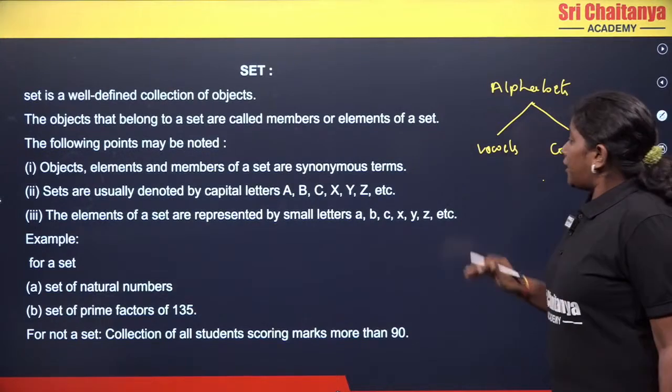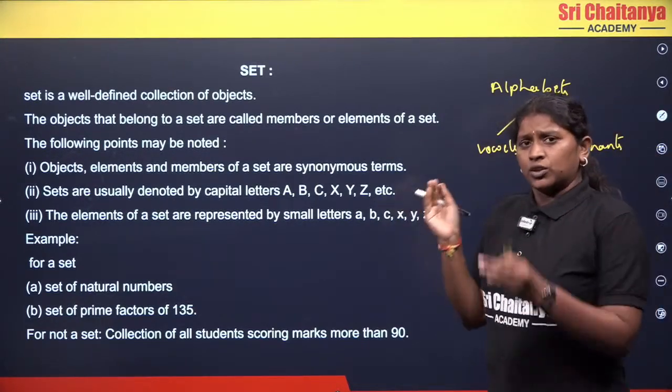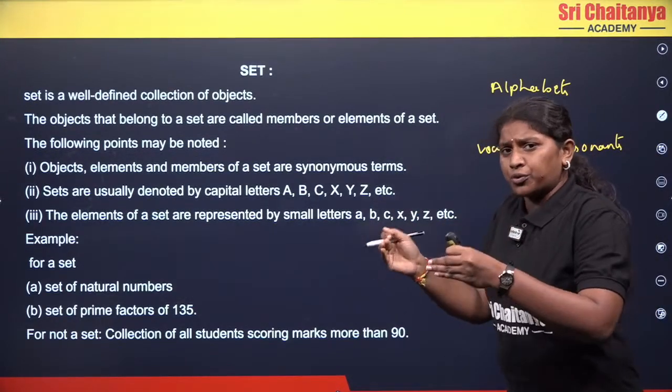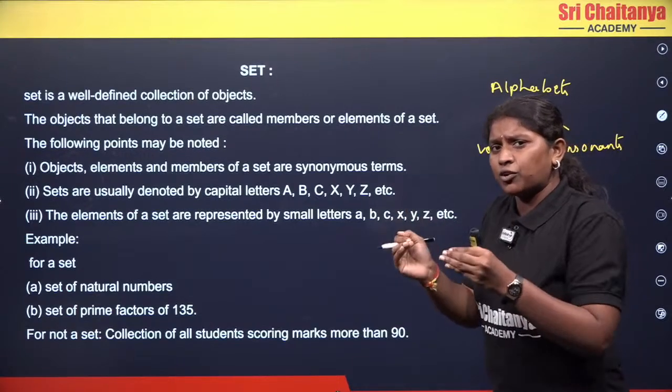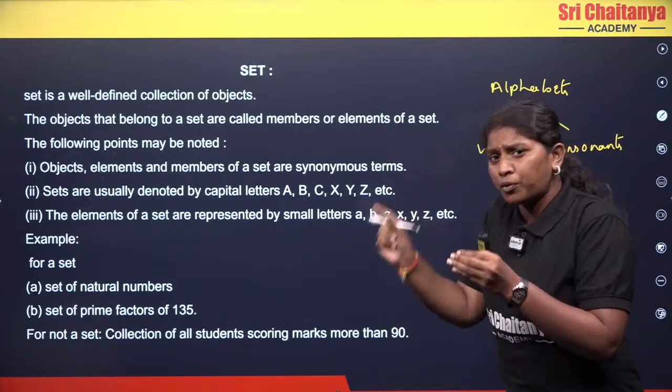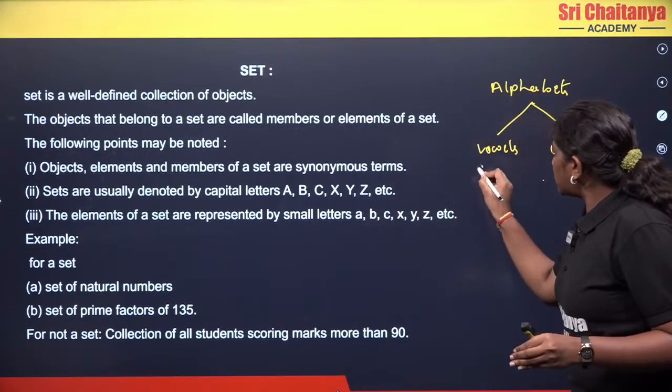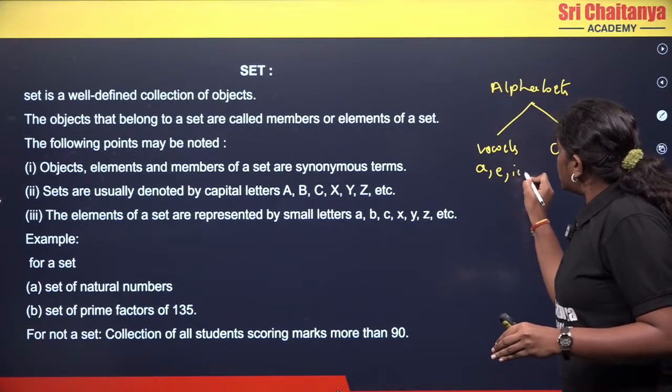Now if we take the example of vowels, those are A, E, I, O, U, which are well-defined objects. It means they have a common property between them. Those are our vowels.